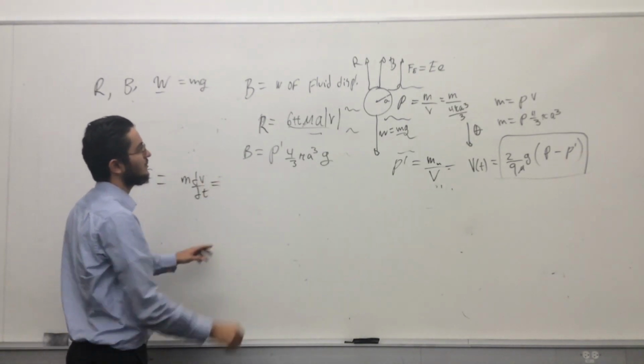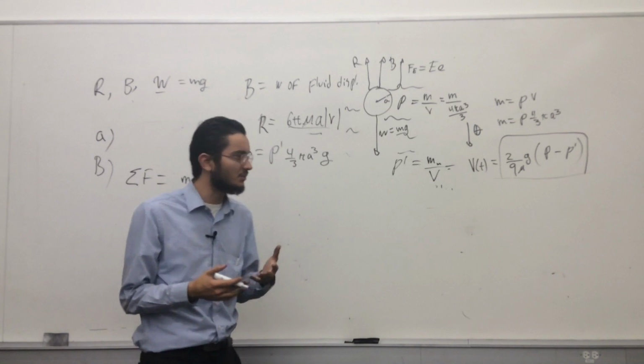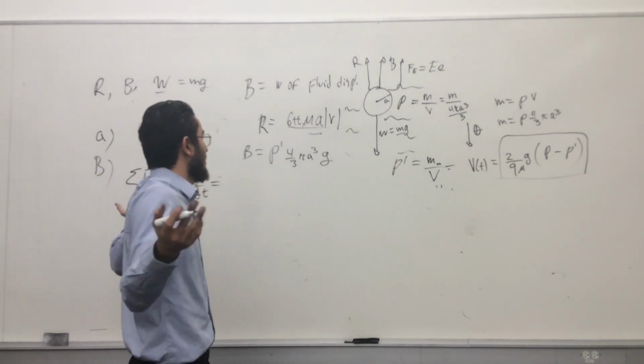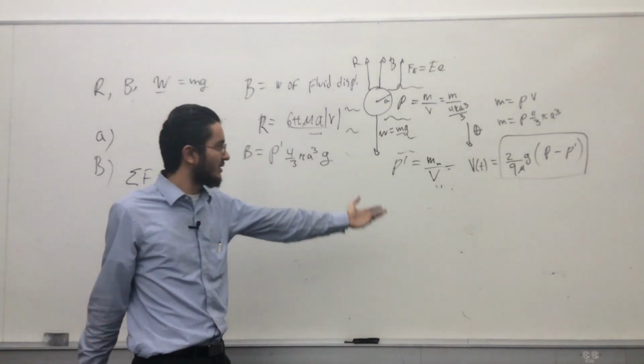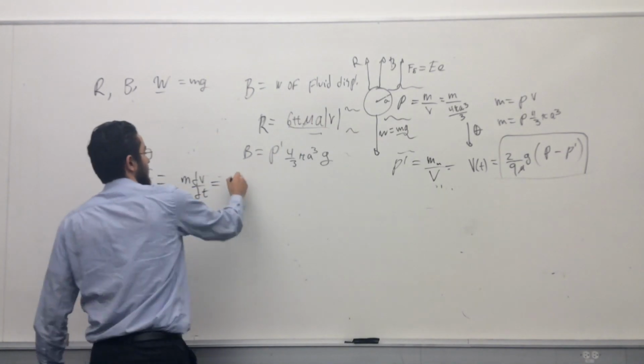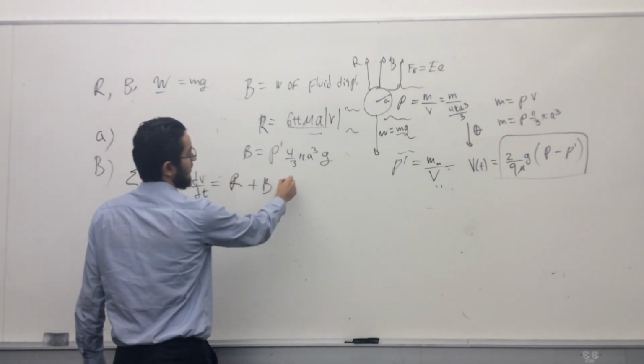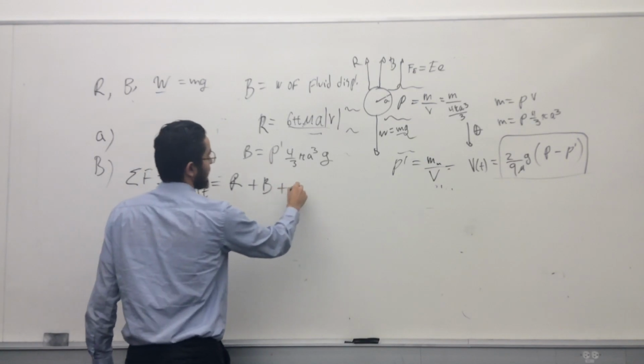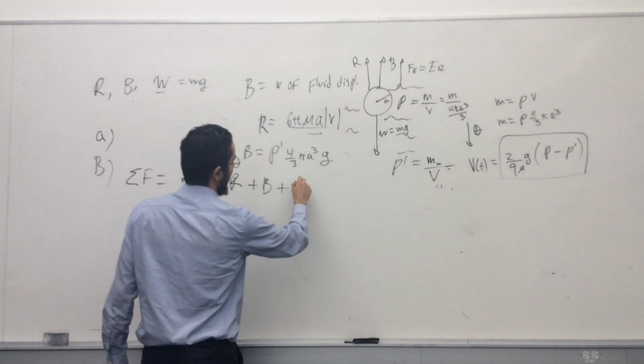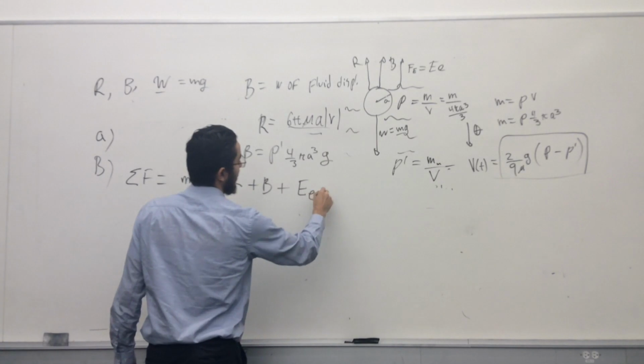In this case, it doesn't matter which direction you say is positive, because it's just going to be at rest. So we can say it's going to be the resistive force plus the buoyant force plus the electric force, and then minus the weight.